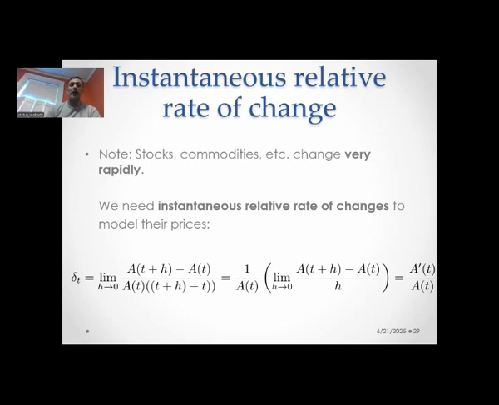How much is in the account after t years? That's actually quite interesting. It's a really beautiful application of the chain rule and the fundamental theorem of calculus, but we'll do that in the next video.